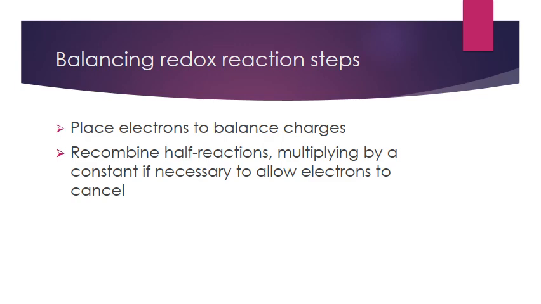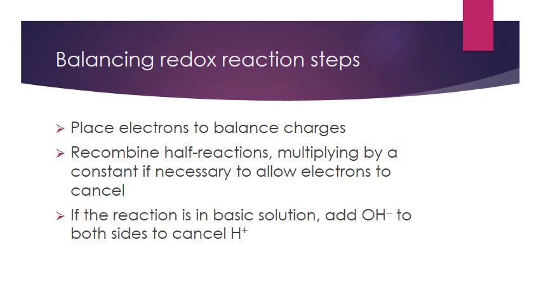After mass and charge on the half reaction are balanced, we will recombine the half reactions, multiplying by a constant if necessary to cancel electrons. The whole purpose of balancing redox reactions is to cancel electrons. If the reaction is in basic solution, we will then add OH- to both sides to cancel H+. If it's an acidic solution, then we're done after we recombine and cancel.